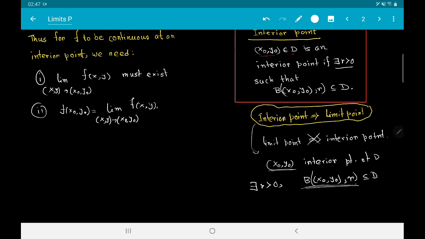So this implies that an interior point is always a limit point, but the converse is not true.